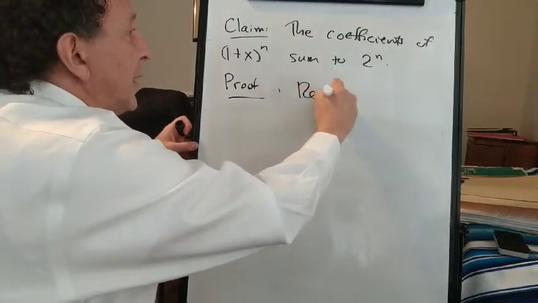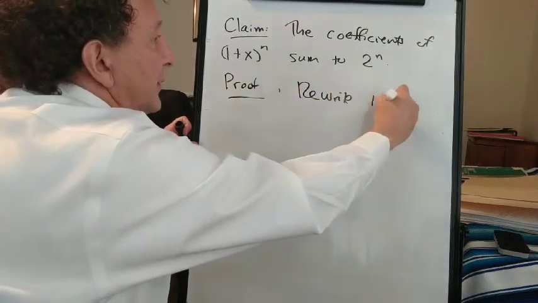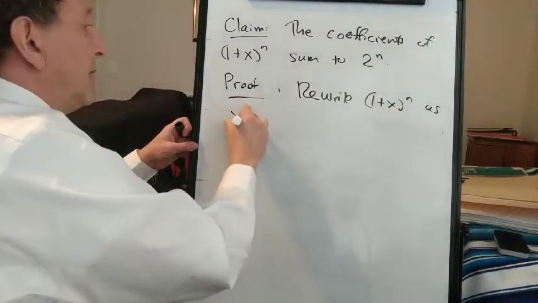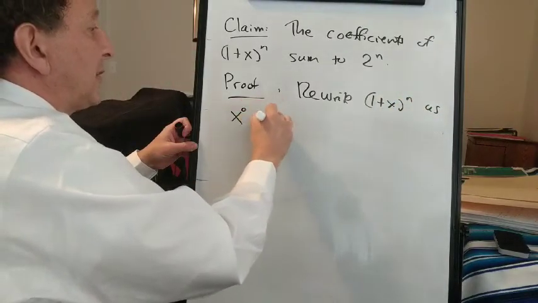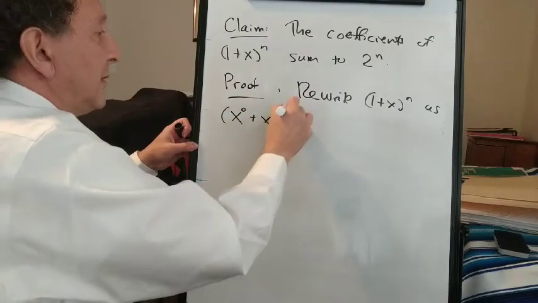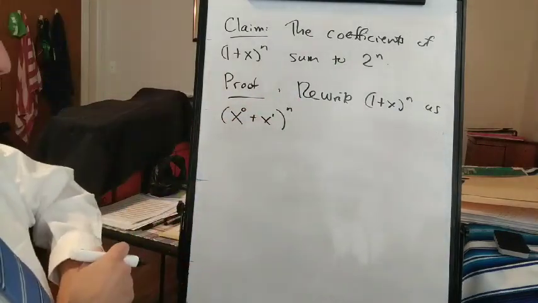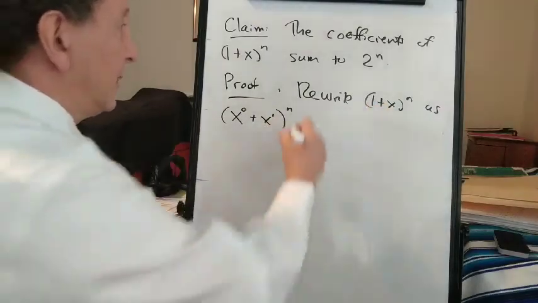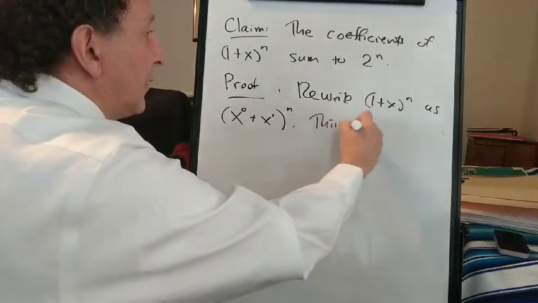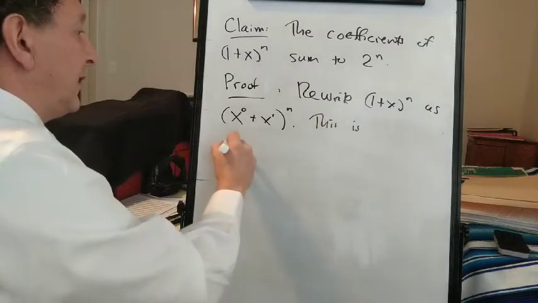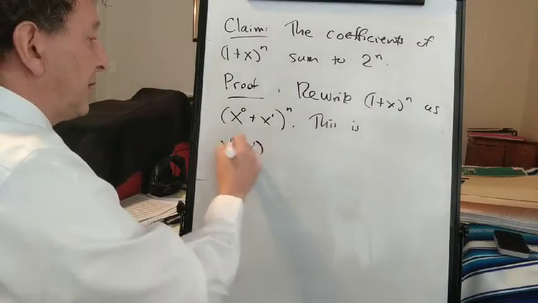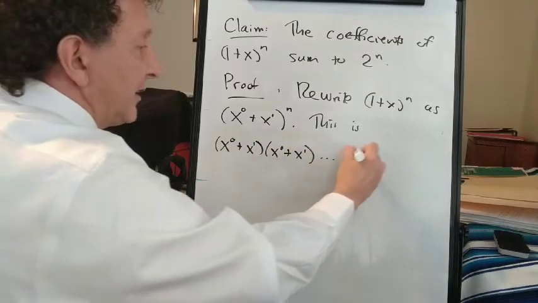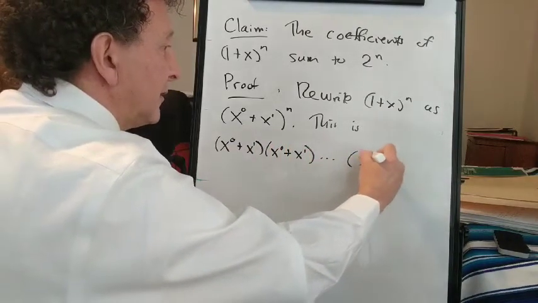So let's rewrite 1 plus x to the n as x to the 0th plus x to the 1st, to the n. X to the 0th is 1 and x to the 1st is x. So this is x to the 0th plus x to the 1st times x to the 0th plus x to the 1st, etc., with n factors here.